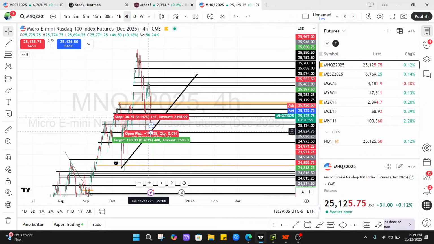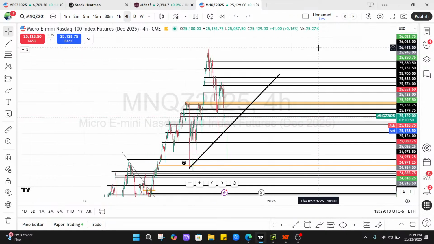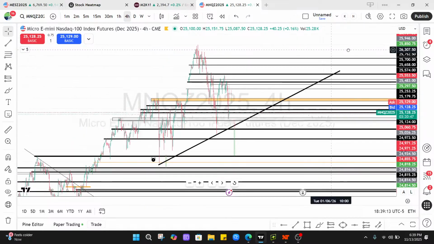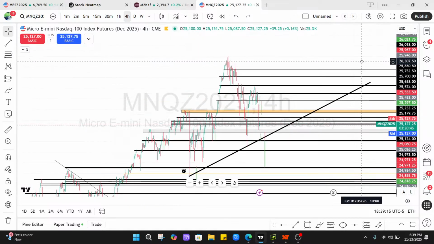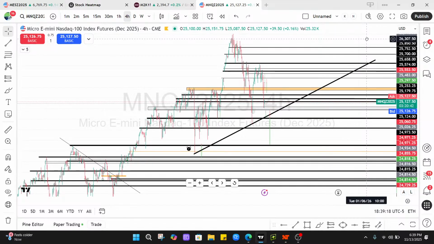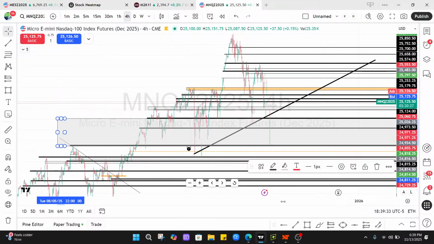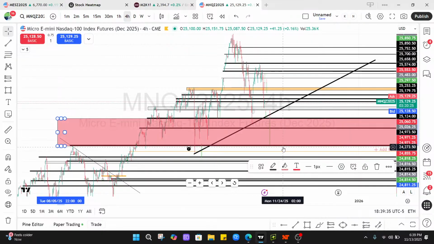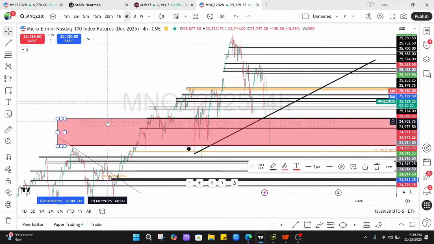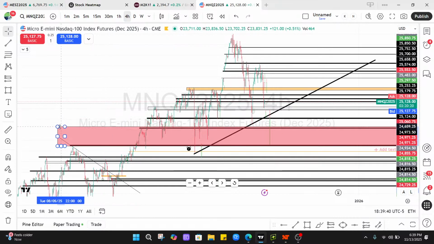Once it cracks this trend line, it'll show a break of structure. Because if it corrects the trend line, right now we're here, so the trend line is from down here. Our break of structure will be.